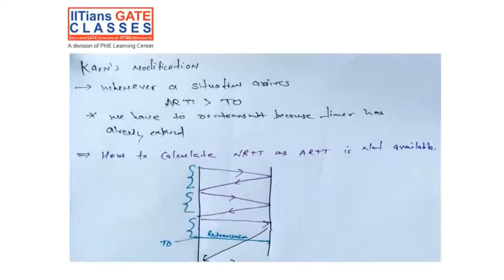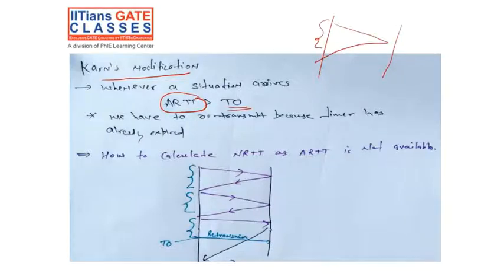Karn's modification. So what is the meaning of Karn's modification? Whenever the situation arrives where your actual round trip time is greater than the timeout, it means, say for a segment, your timeout is over, so your acknowledgement is delayed, right?